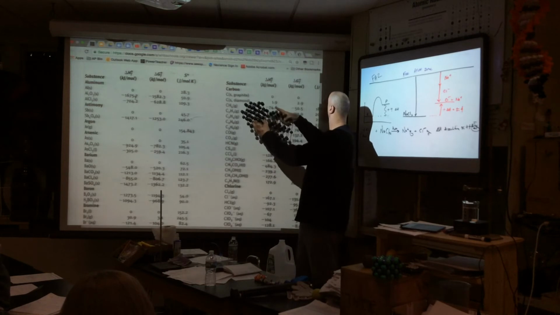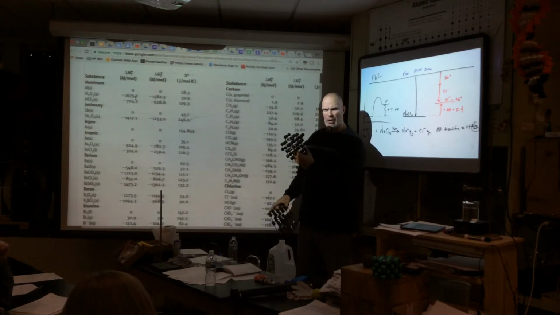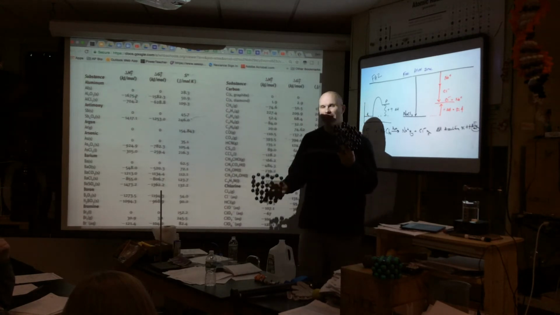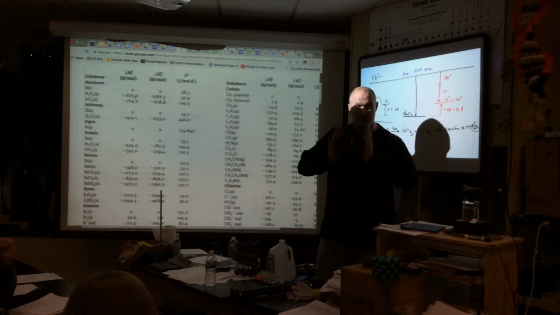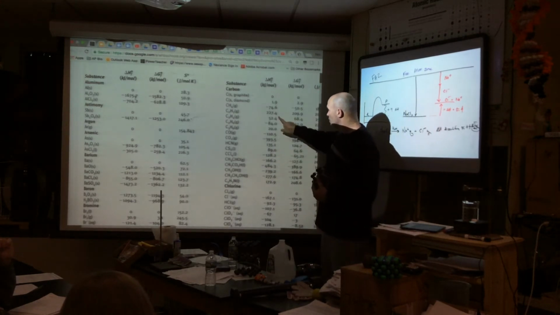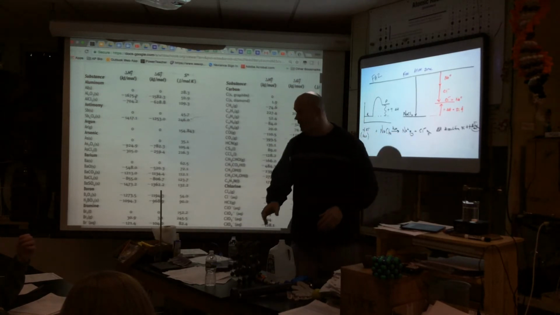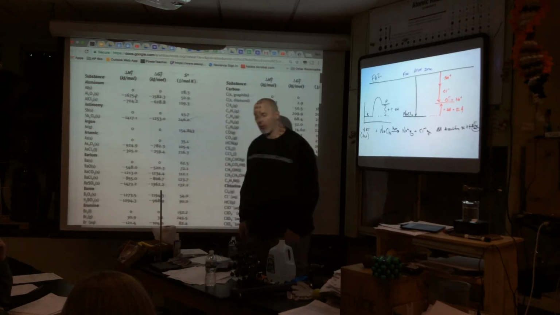Look at diamond. Delta H of formation is positive. What does that mean? It takes a heck of a lot of energy to make this into this because we need a tremendous amount of pressure. But for most of them, they're negative. You should know the ones that are zeros are the elemental states, especially your diatomics. Okay? All right. Good enough.